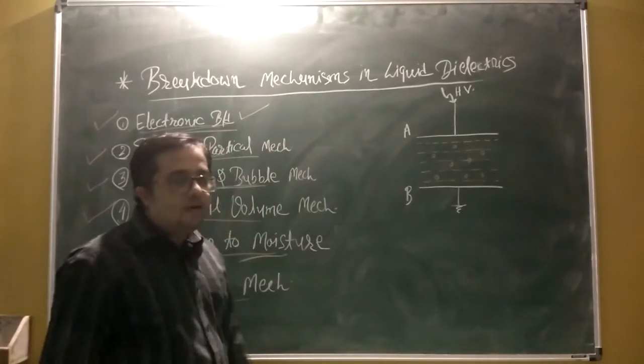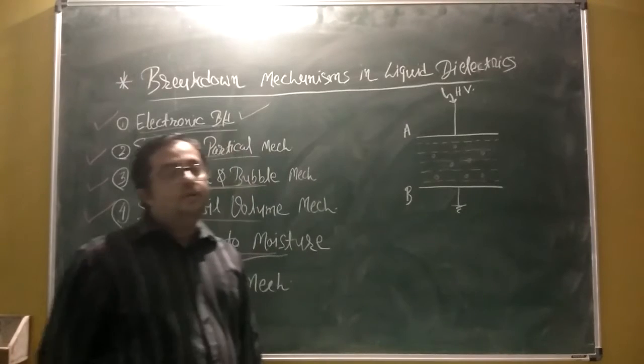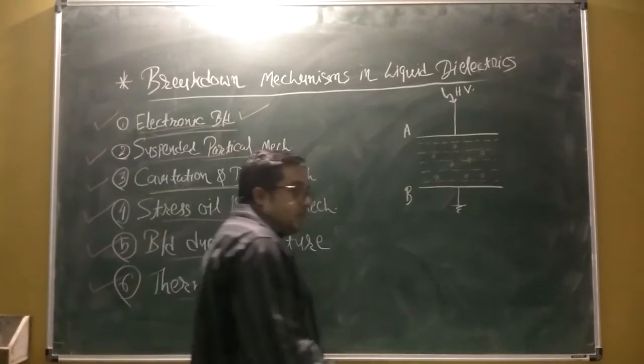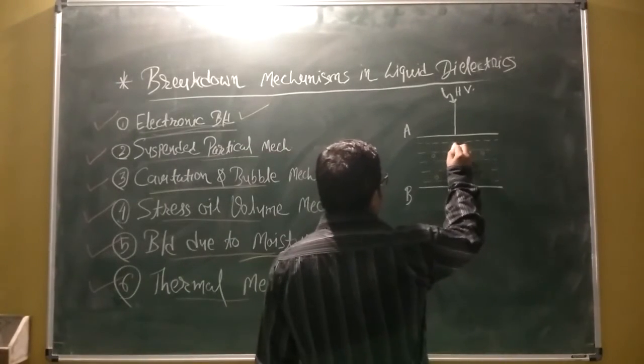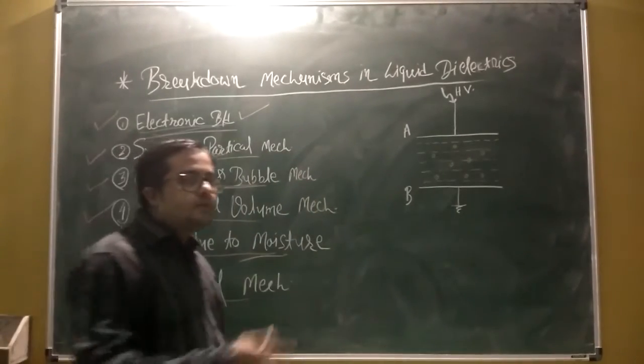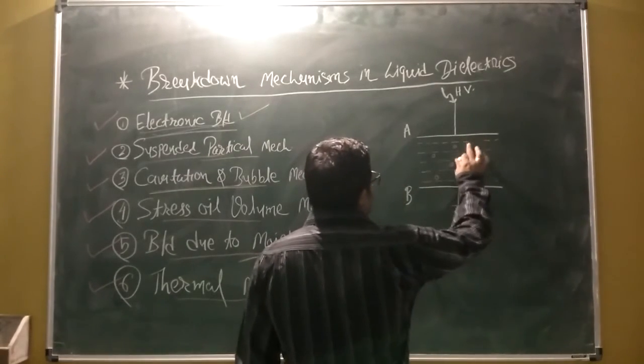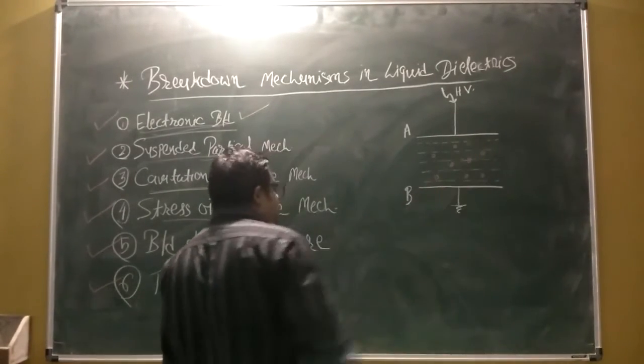Now as they are dead material, they represent the conduction phenomena. So the potential gradient developed at the site of this solid particle is obviously higher compared to the force that you can see in the pure region of the liquid.